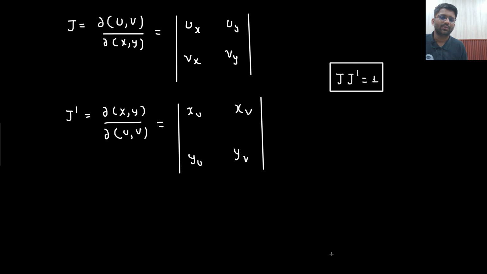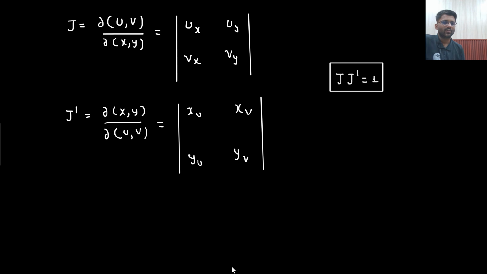Then there is J prime, which is simply the reciprocal of this: del of (x, y) divided by del of (u, v), with x with respect to u and v, and y with respect to u and v. The multiplication of both of them comes out equal to 1. That's it. This is what you need to remember.